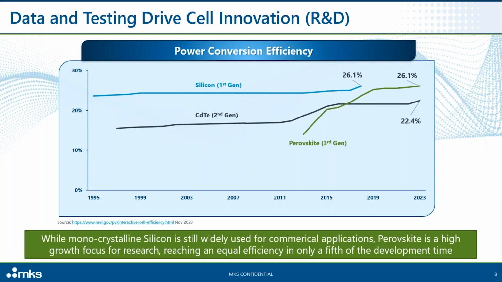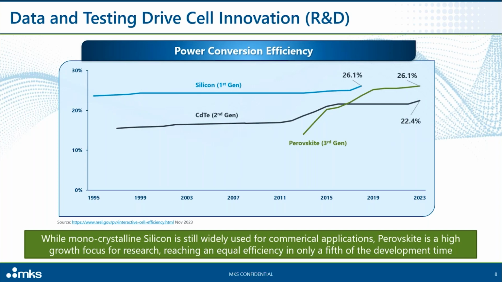As you can see, historically, silicon is making incremental gains overall, with this last recorded at 6.1% efficiency. Cadmium telluride of the second generation has been, again, less efficient, but still making incremental growth to where it is today at 22.4% efficiency.